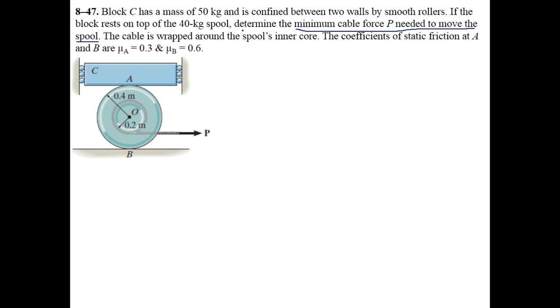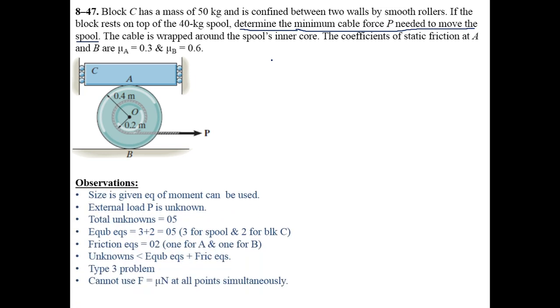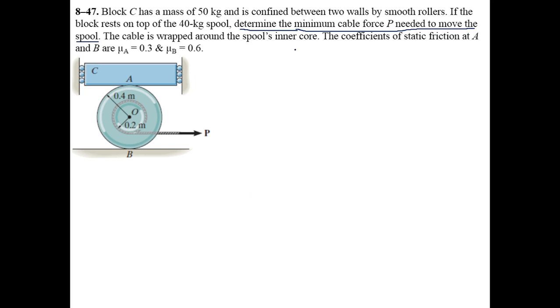Now, reading this problem gives you an idea that maybe this is again a type 2 problem, because they are asking about the minimum cable force. And we know that the minimum cable force required to cause motion of this spool will be at the highest peak of this graph.